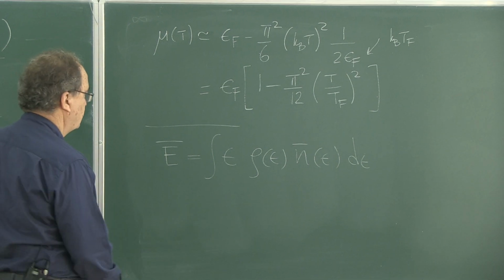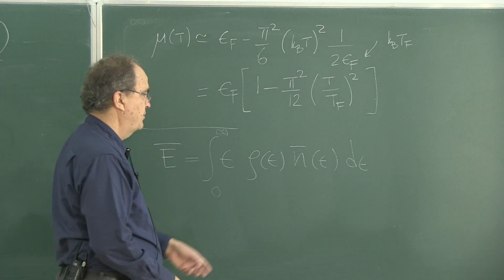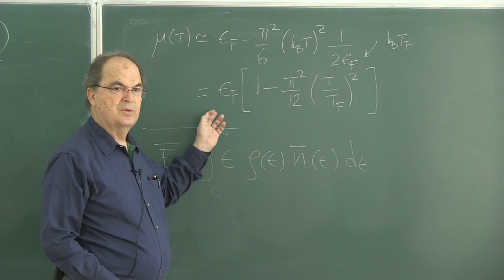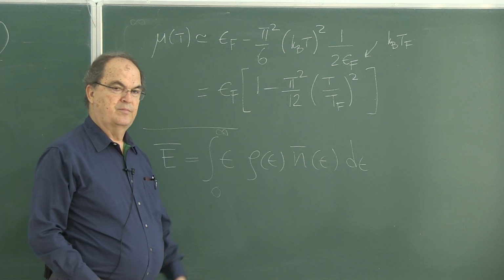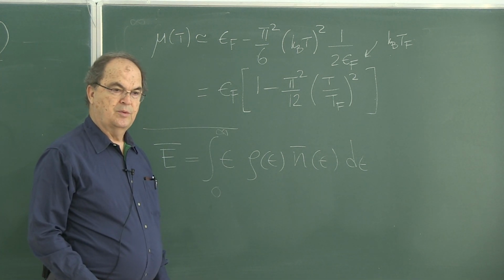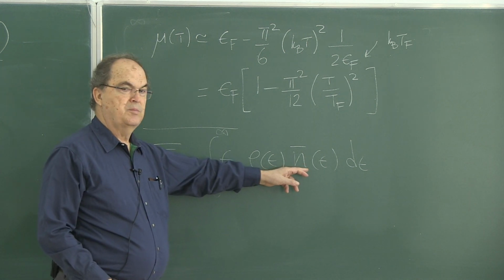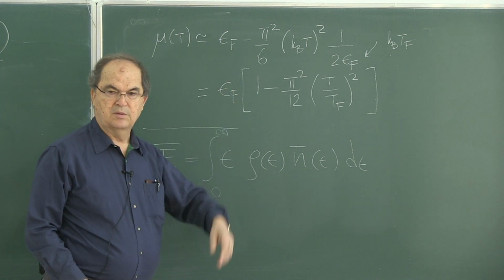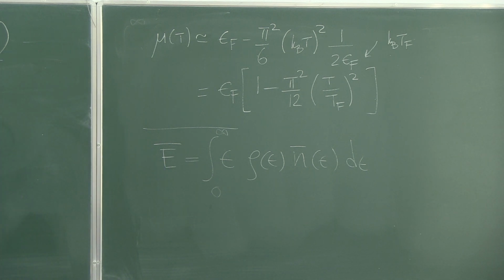Now you can take it from 0 to infinity simply because in this range particles occupy up to chemical potential, then that thing will be 0 above the highest energy occupied level.